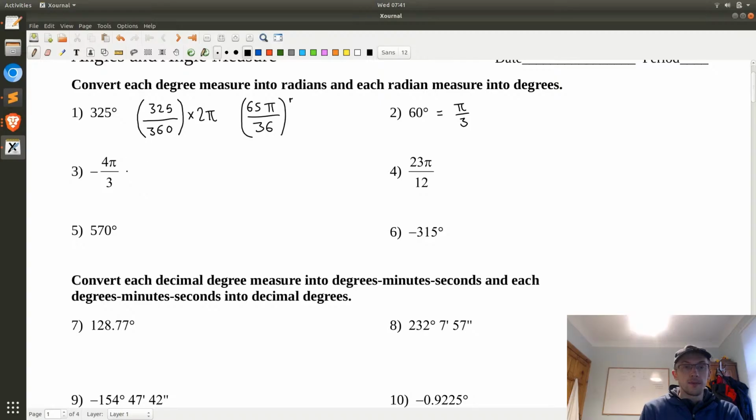So anyhow, we're just going to have a minus sign in front of whatever it is. So negative 4/3 of pi. Well, 1/3 of pi, as we've just seen, is 60 degrees. So 4/3 of pi would be 240 degrees. So this is negative 240 degrees. 23 pi over 12.